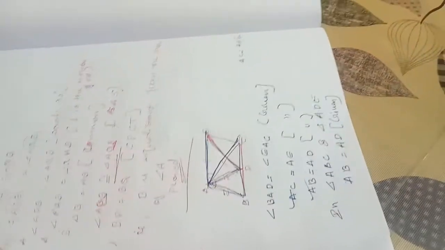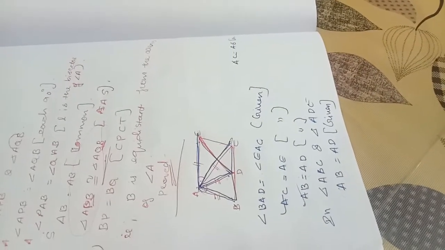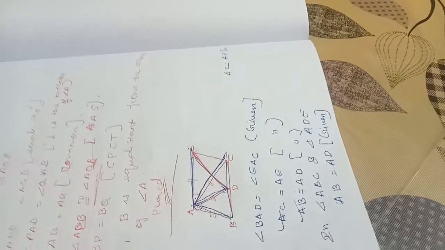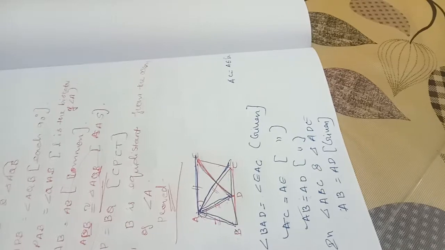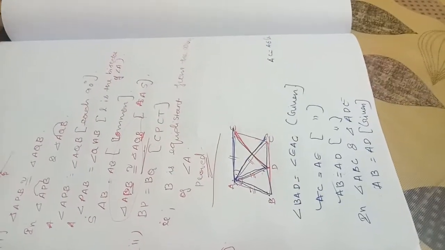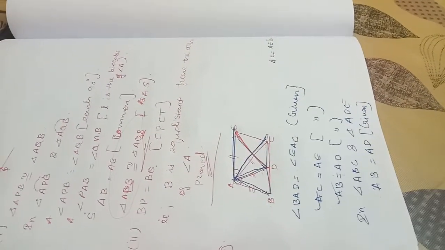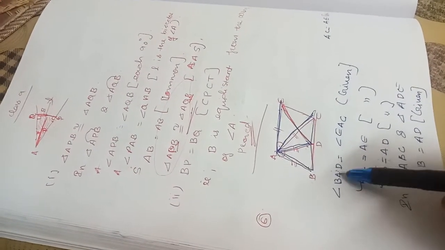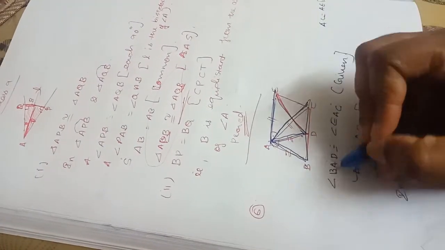So in these two triangles, two sides are equal, which we got from the question. We can write AB is equal to AD and AC is equal to AE. Now I am going to add angle DAC on both sides of this equation.